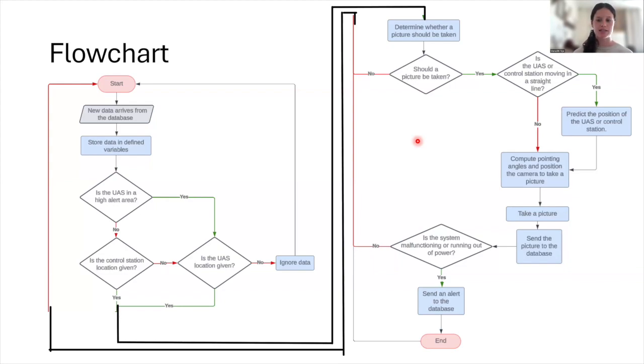And then the second is, does the system need to take another picture? And so those 2 things should be accounted for when determining whether a picture should be taken. And specifically, whether the UAS or control station is close enough will depend on the camera hardware system and what type of lens the camera has, what the field of view is, what the settings are, things like that.